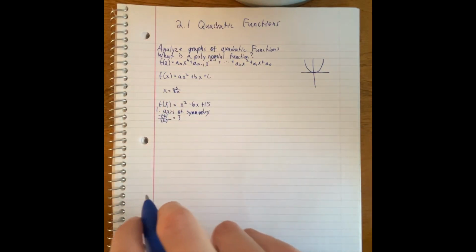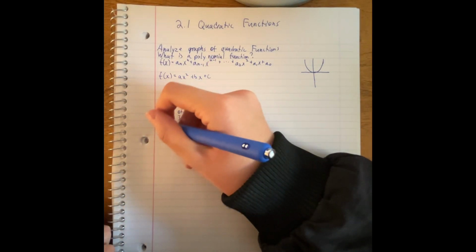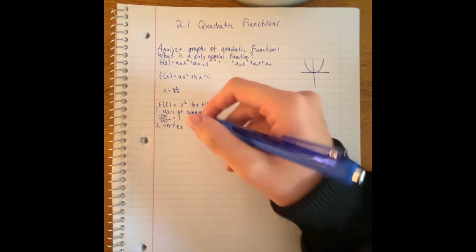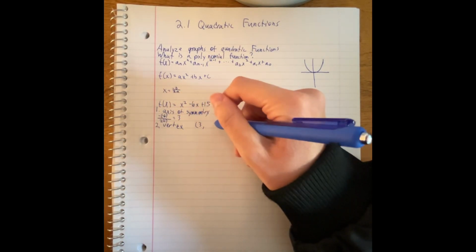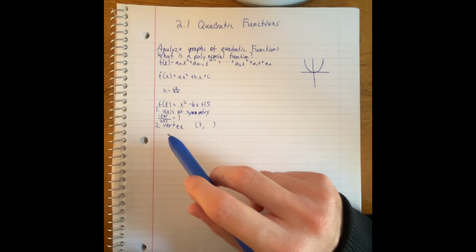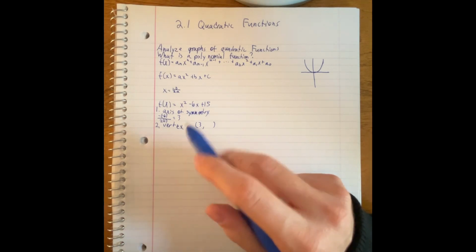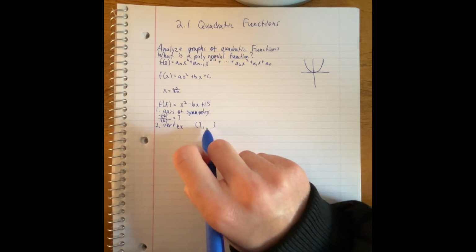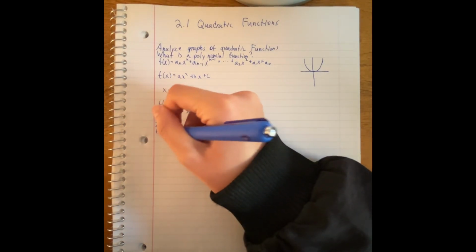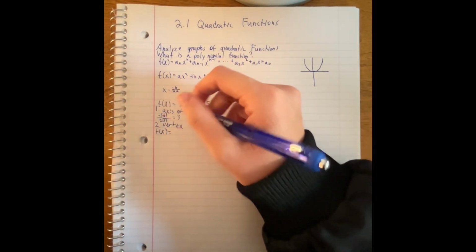Now, remember what we learned about vertex. So our step 2 is going to be finding the vertex. Since we already know that our x value for the vertex is going to be 3, and we already know that a is greater than 0, our parabola is going to be opening up towards the positive. So to find our y value, or f of x value, we're going to plug it right back into our function.